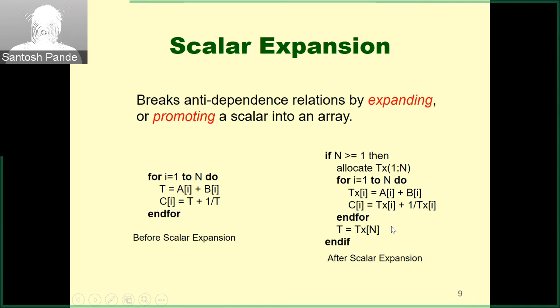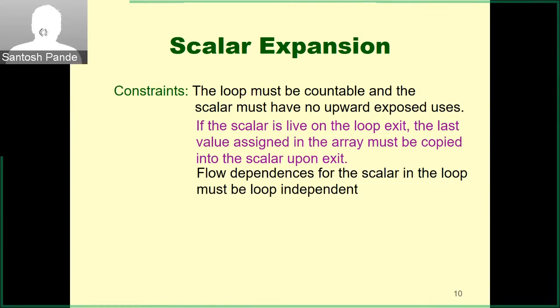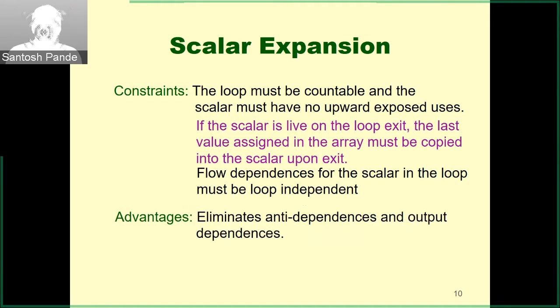We'll have to generate the last version of T of x into T, and that will be the right value carried outside the loop. And then regarding flow dependencies, which is mostly the case for privatization, they must be loop independent. They cannot be loop carried. The only loop carried dependence is the anti-dependence, which is an unneeded dependence, and it's eliminated.